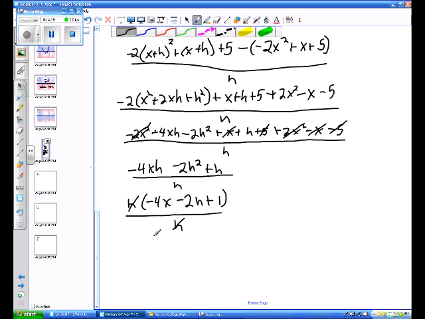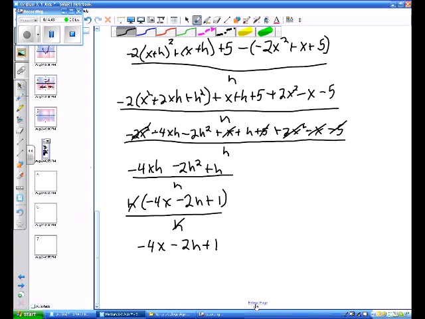My h's are going to cancel, so I end up with negative 4x minus 2h plus 1. And that is an equation that will give me the slope for my graph at any point. And as you get on into calculus, you'll learn what to do with that 2h.